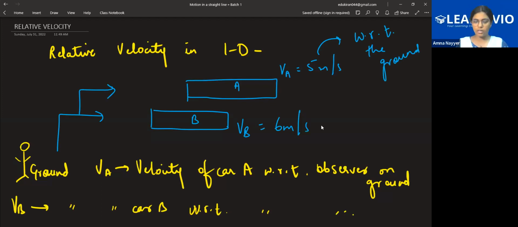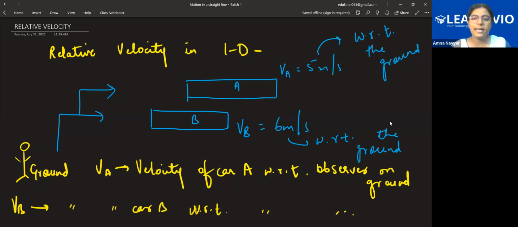If I am standing on ground, I am static, I am stationary, and I am seeing car A move. So for me, car A would appear to move with 5 meter per second. That is the absolute velocity with respect to ground. Similarly, B is also with respect to the ground.